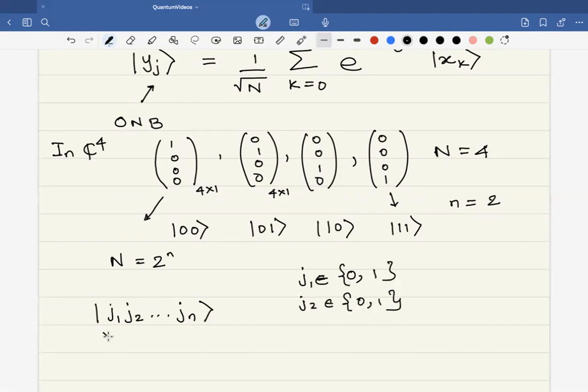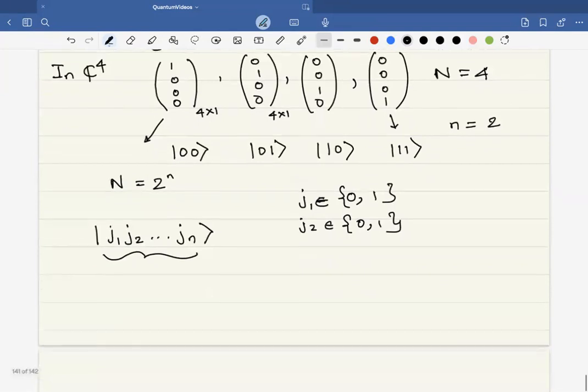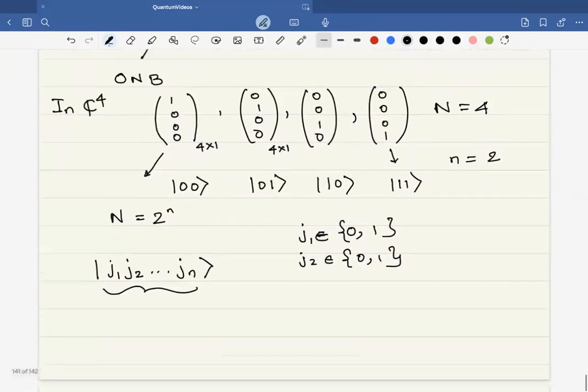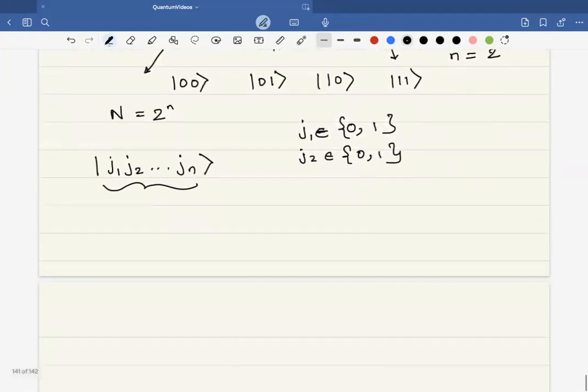In this way, if I take the bit representation of these basis vectors, I can represent them as n, little n, qubits. And so the lemma that I'm going to talk about will be in this representation.